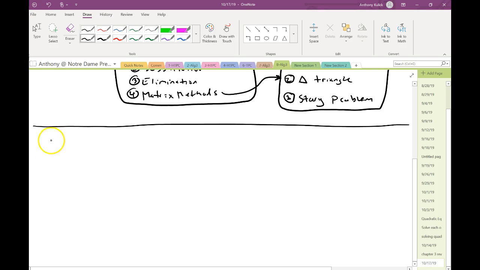But before we do that, really we need to talk about what we mean by a system of equations, right?